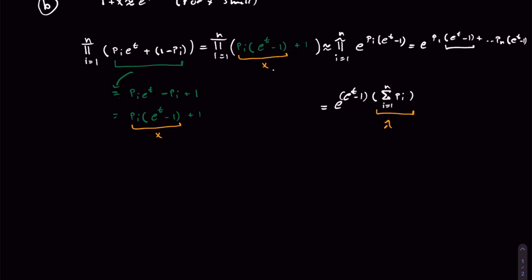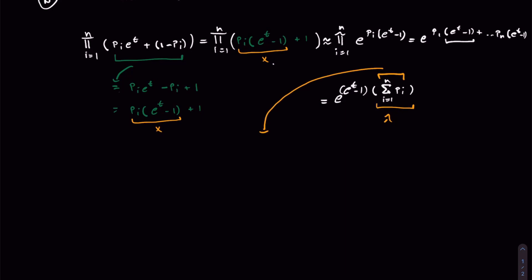Let's do the following. Let's continue this calculation up here or down here. So we have the sum from i=1 to n of p_i.